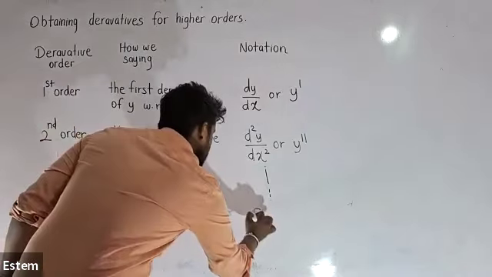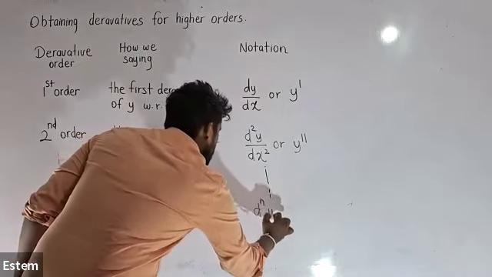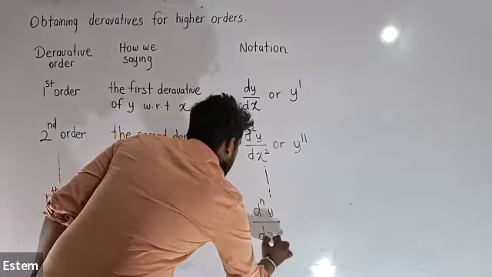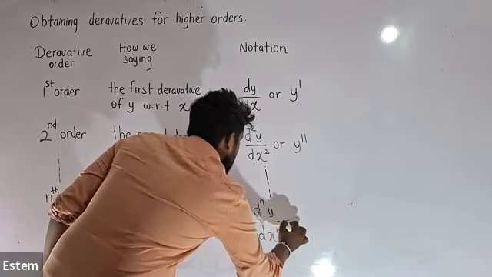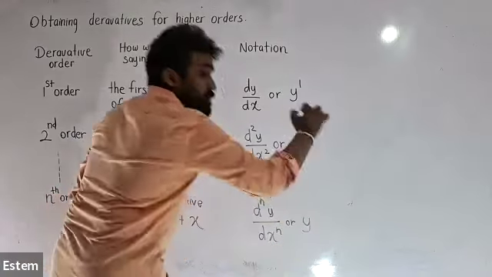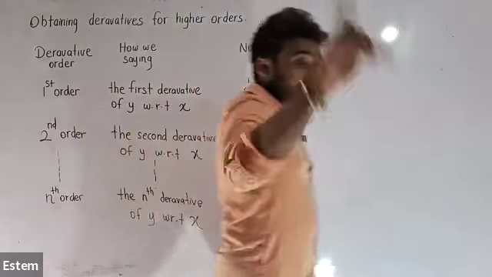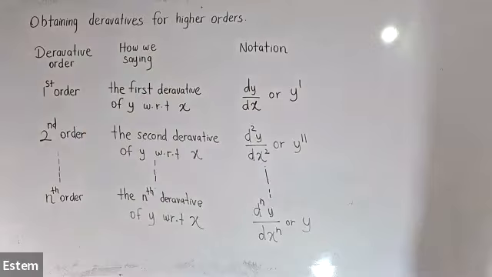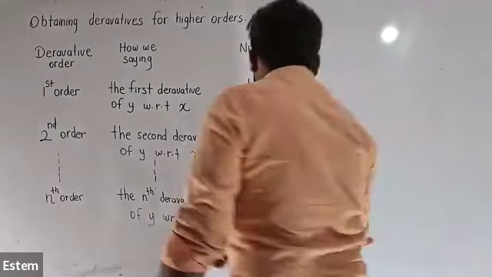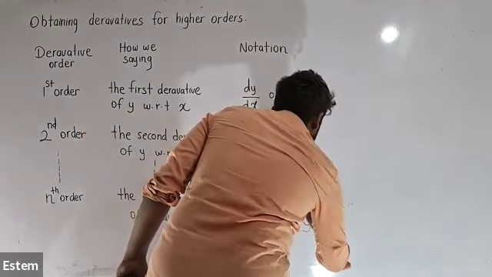The notation is d^n y over dx^n. There should be n dashes, no? We can't write n dashes. It's y^n.